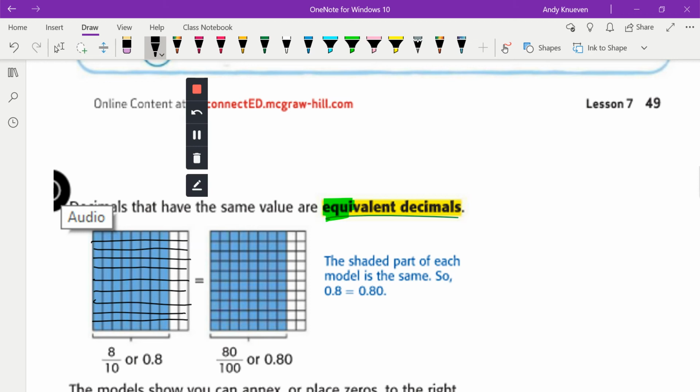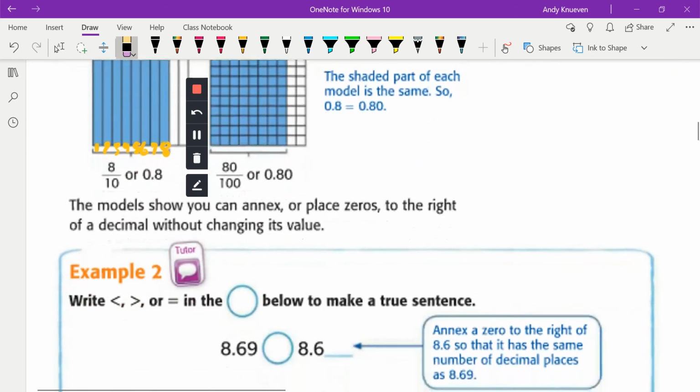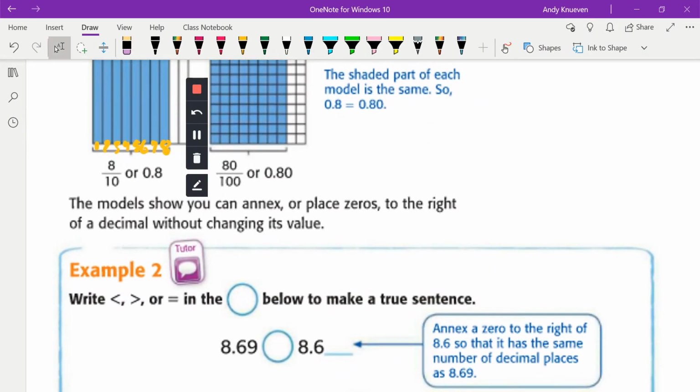I should see 10, 20, 30, 40, 50, 60, 70, and then 80 blocks all shaded in if we had it broken out into hundredths. But the problem showed it originally with just 8 bars out of 10 shaded, so that's why it's 8 tenths. This model can show you that annexing, or placing zeros, is a good word that we are going to use a lot in math.